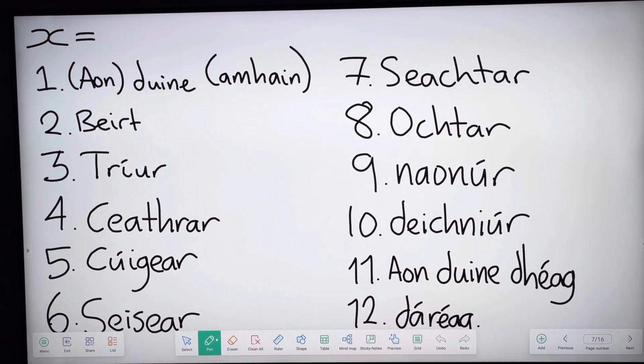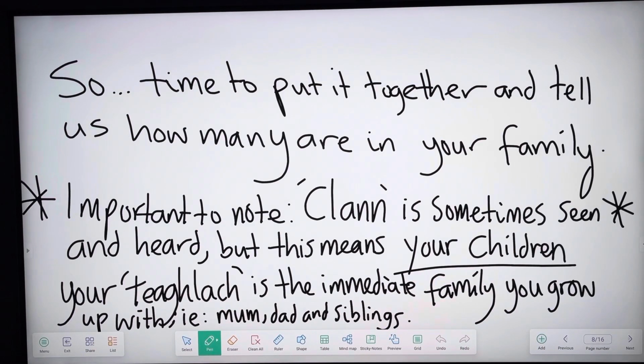Seachtar, 7 people. Ochtar, 8 people. Naonúr, 9 people. Deichniúr, 10 people. And aon duine dhéag, and dháréag. So aon duine dhéag, 11 people. Dháréag, 12 people.